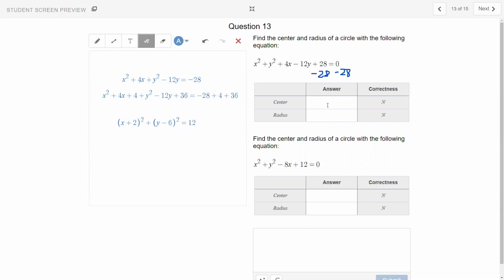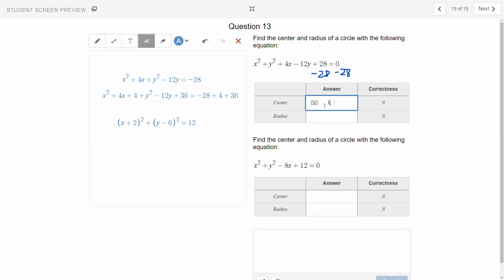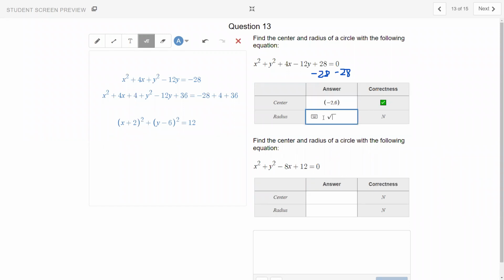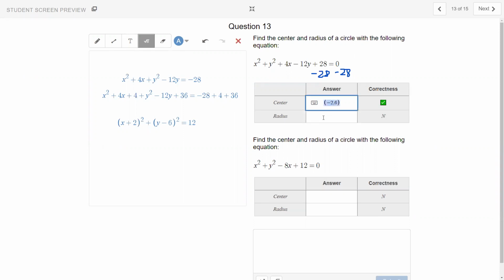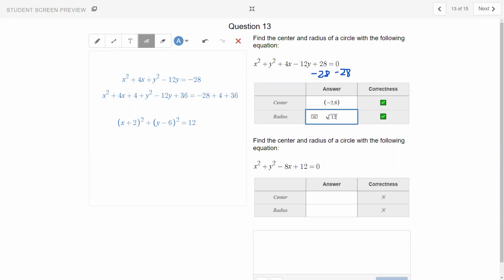What that means is that the center of the circle is negative 2, 6, and the radius is the square root of 12. You could break that down into 2 square root 3 if you wanted, but that's fine. Square root 12.